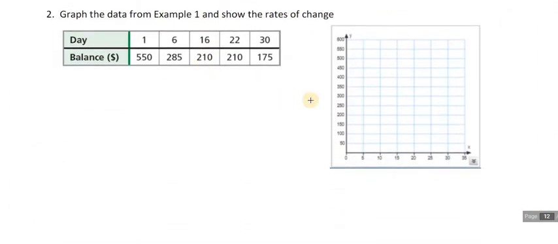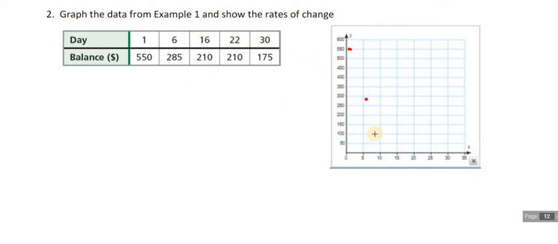So the ordered pair 1, 550 would be 1-ish, 550 is up here. Then our 6, 285, so 6 is going to be just past the 5, 285 will be a little past halfway between the 250 and the 300, so we're in this ballpark.